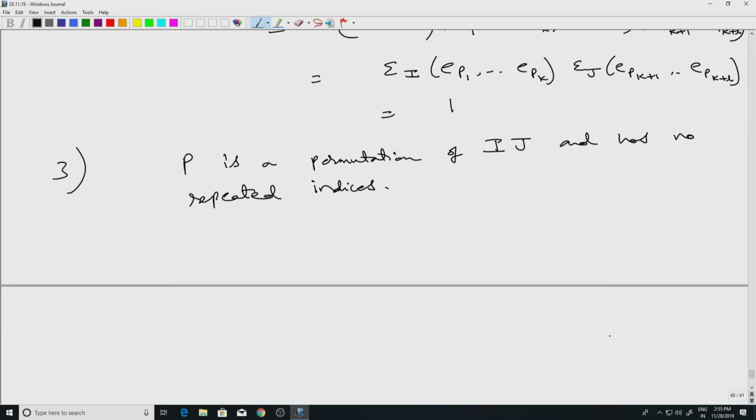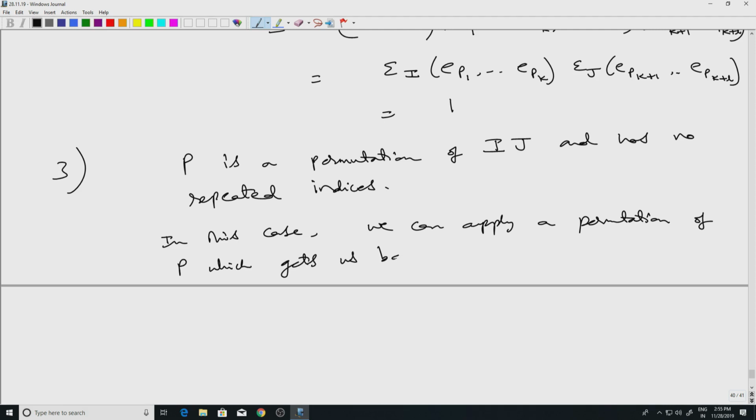So how do we deal with this case? Well, in this case, we can apply a permutation of P which gets us back to case 2.